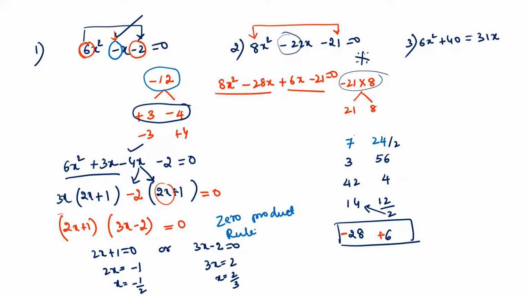Rohit, what will you take out as common factor between 8x square and minus 28x? Ma'am, x. Only x. Look at the constant also. What is common between 28 and 8?